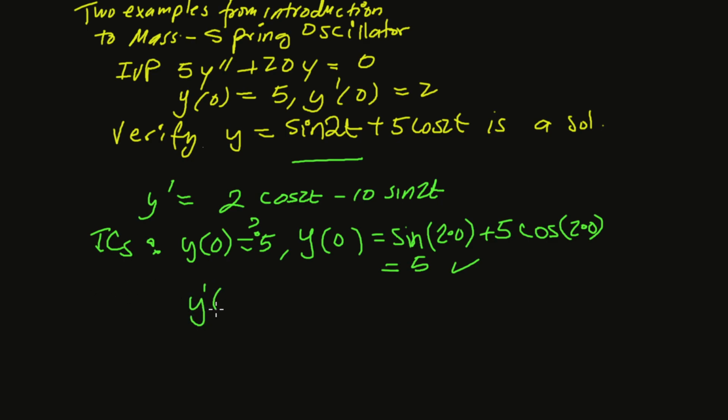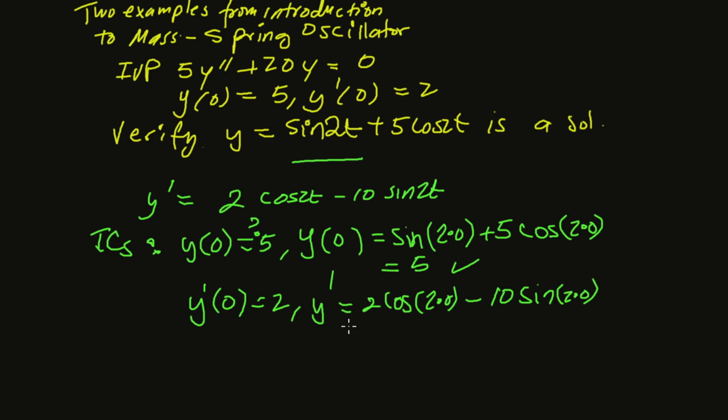Now the second one: we have the first derivative, so 2 cosine of 2 times 0 minus 10 sine of 2 times 0. That's a 2, so it does check.